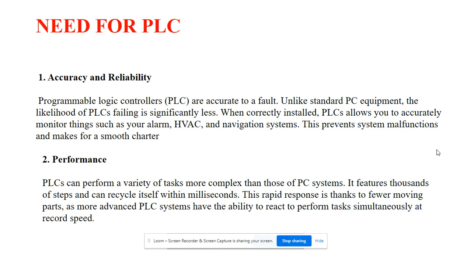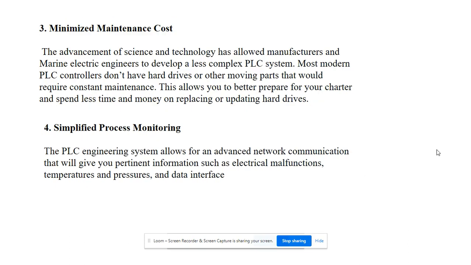The other one is performance. Industries need better performance. So PLCs can perform a variety of tasks that are even more complex than those of a personal computer system. The third one is that PLCs are needed to minimize maintenance cost.